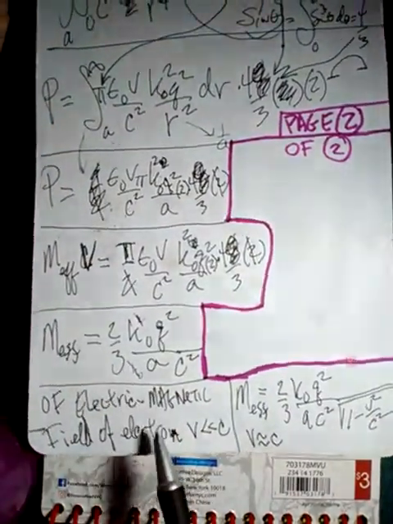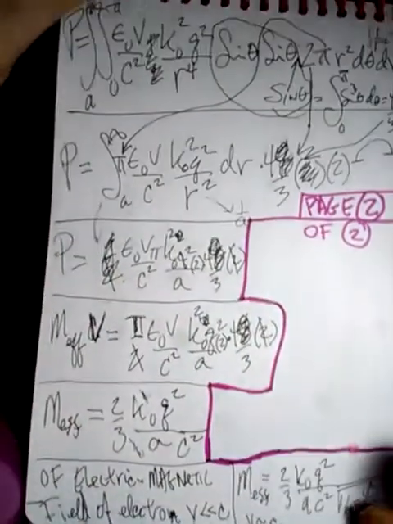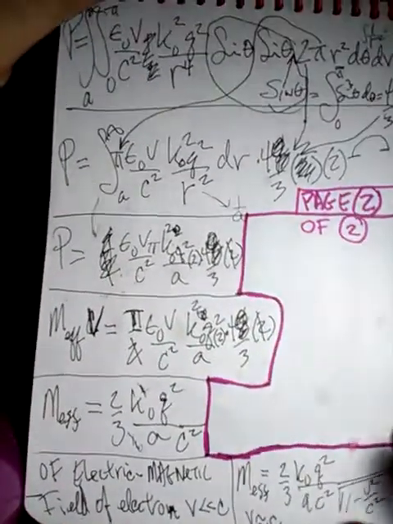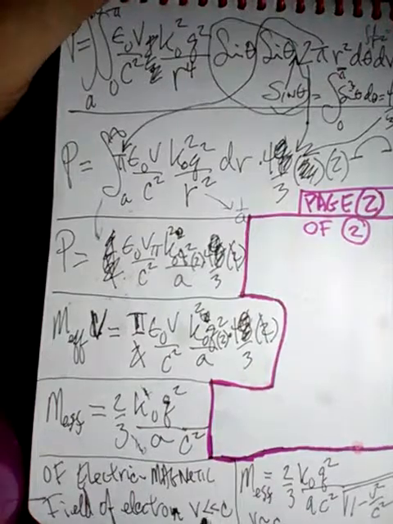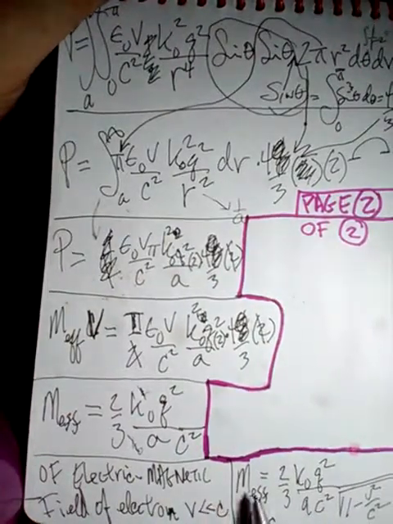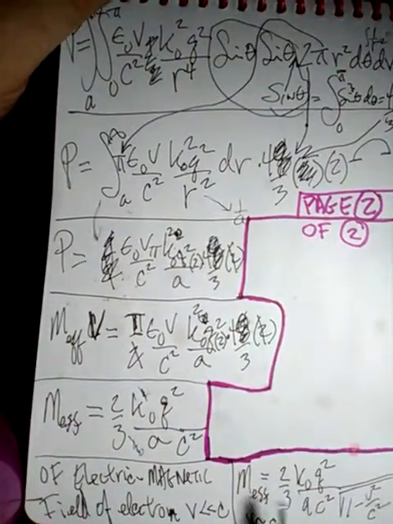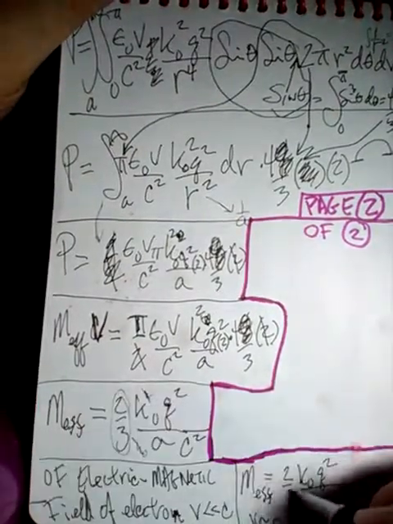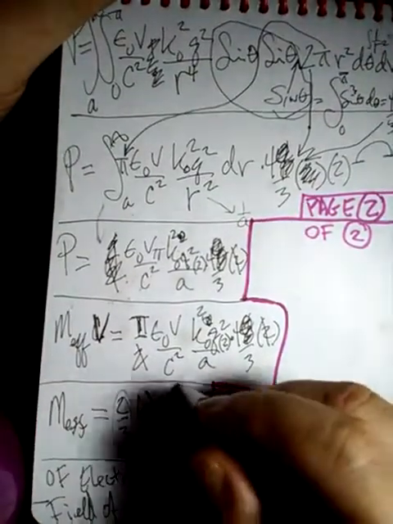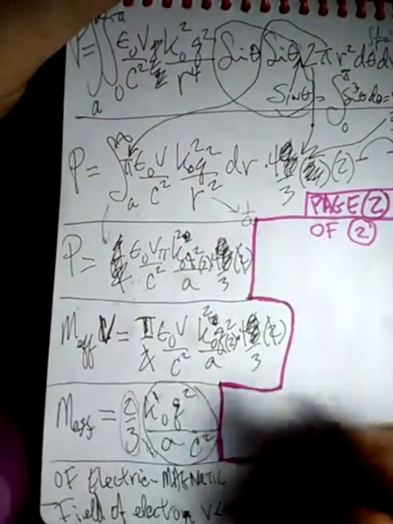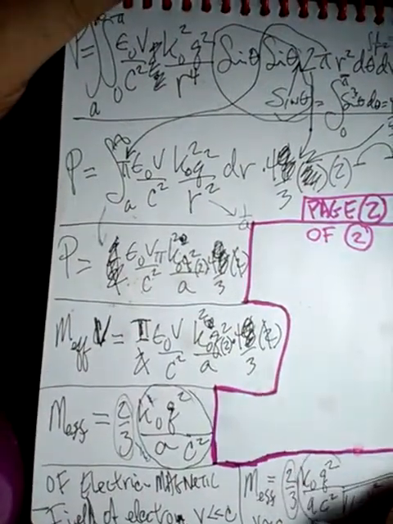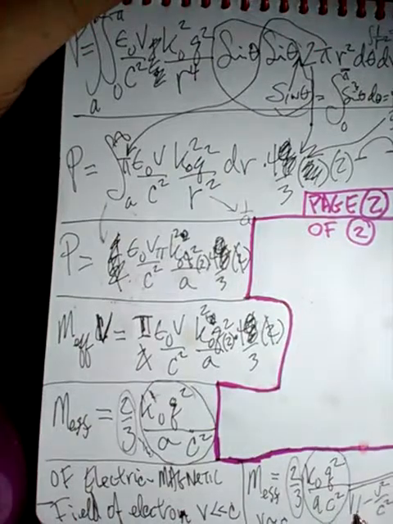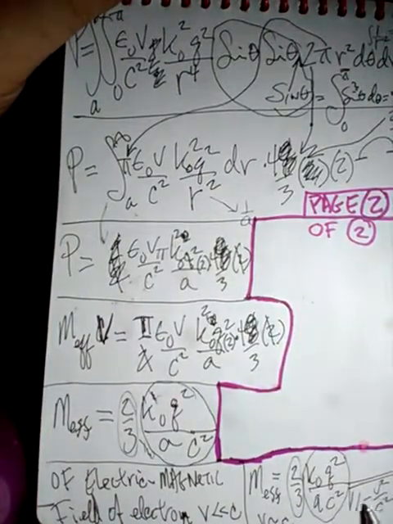One last thing we can do with this is I wonder if it's moving near the speed of light, what will the effective mass be? Well, of course, it still has everybody in there. There's the 2/3, here's these terms right here, and we'll have to add this factor right here.